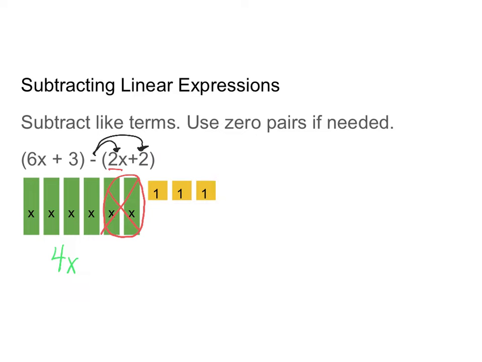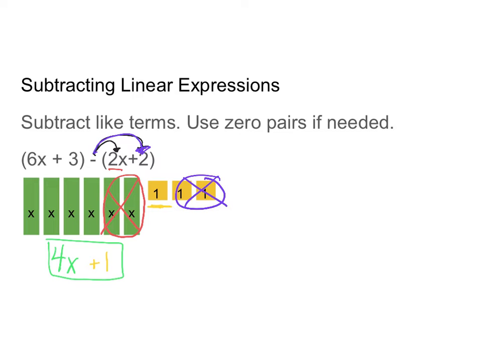All right, and then I have to take away, we'll do this purple, this 2 here. So I'm going to take away 2 positives over here. So I'm left with this 1 right here. So I have a positive 1 left over. Okay, so my final answer would be 4x plus 1.